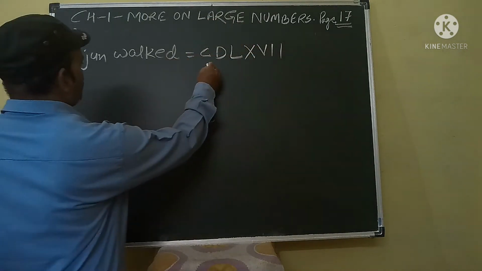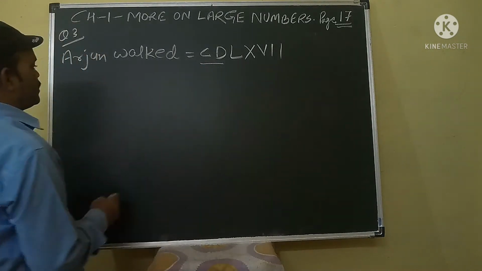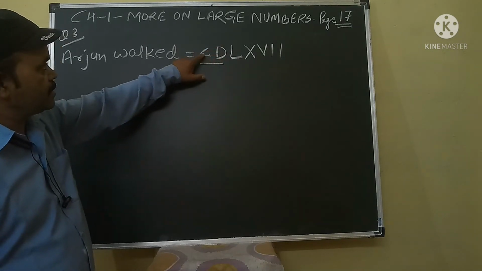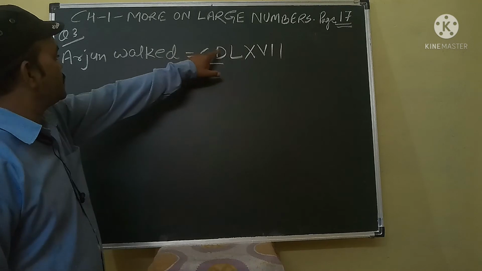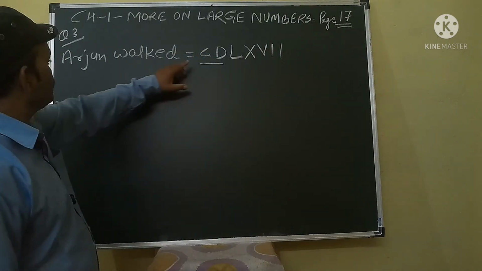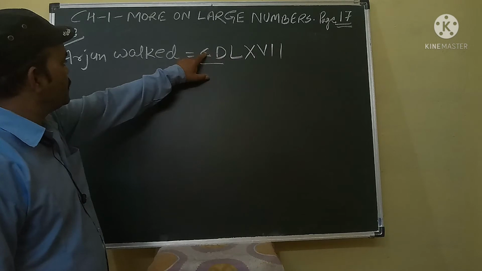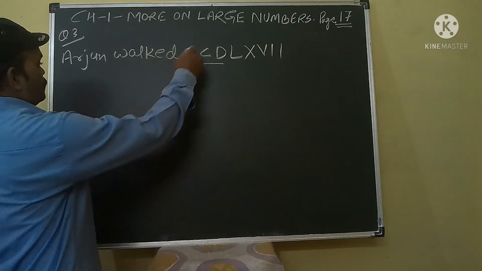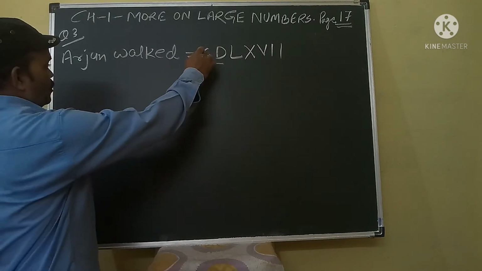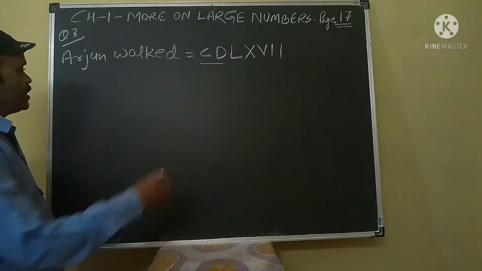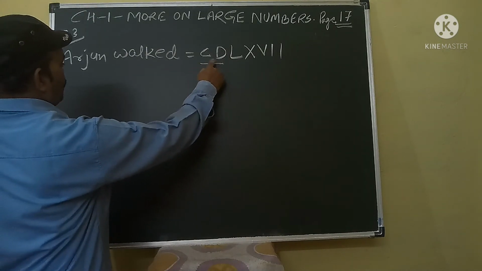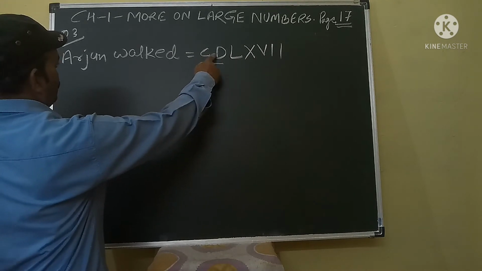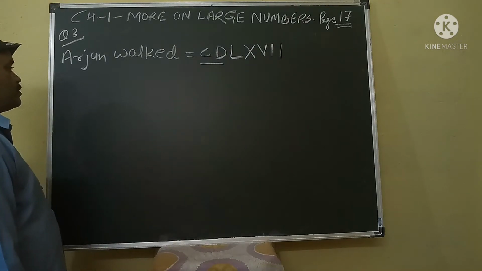Look here. This is CD. You know very well C means 100, D means 500. The symbol of the smaller value is on the left side of the bigger value, so we subtract the smaller value from the bigger value.